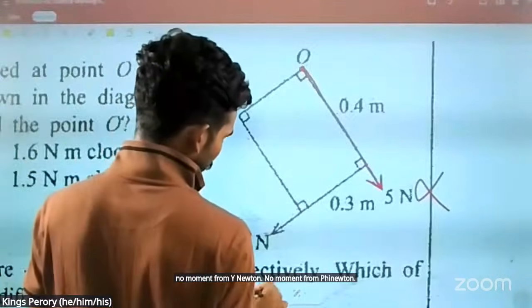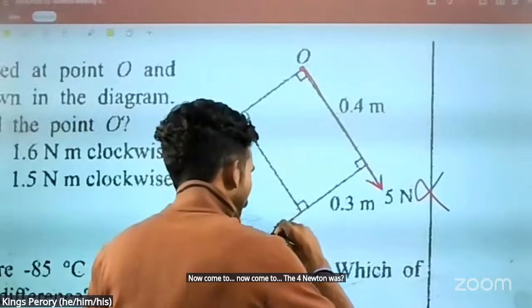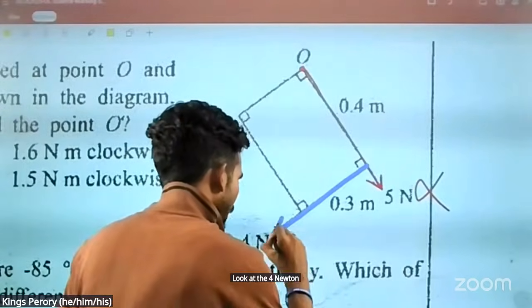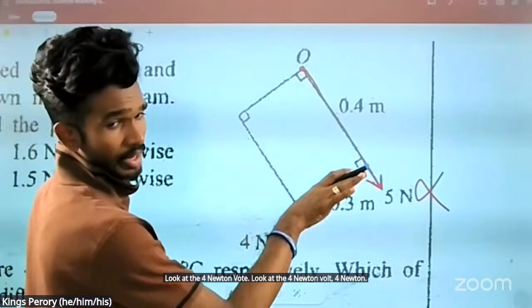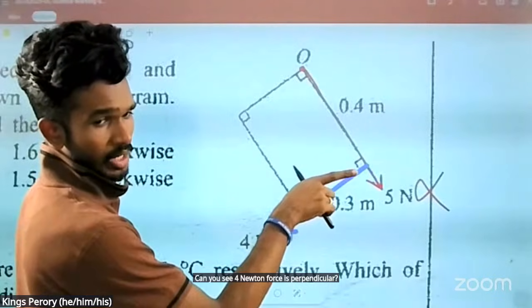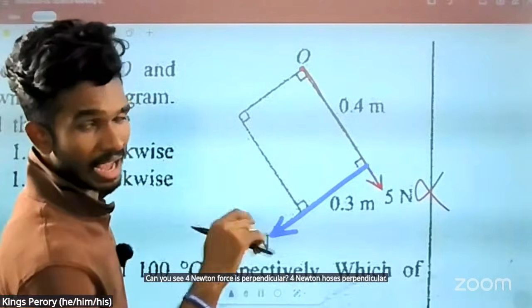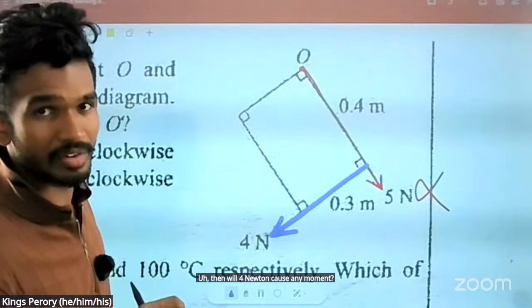Now come to the 4 Newton force. Look at the 4 Newton force there. Can you see the 4 Newton force is perpendicular? Then will 4 Newton cause any moment? Will it cause any rotation?